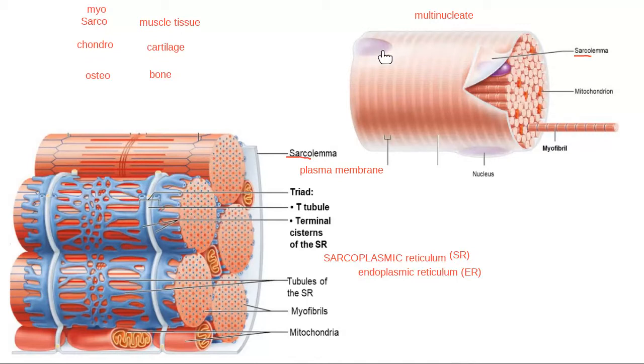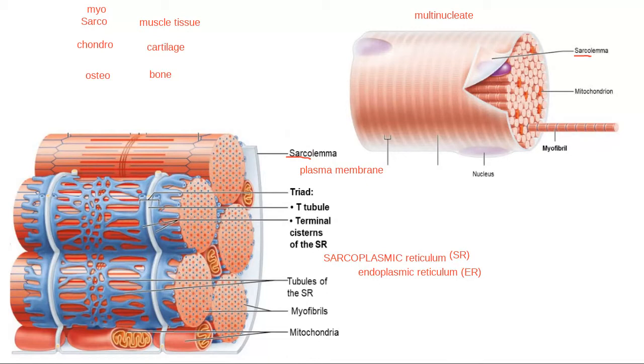Let's see if we can remember from lab. When I talk about this blue part here, the sarcoplasmic reticulum of a muscle cell, what was the function of the sarcoplasmic reticulum? Why is the SR so important for a muscle cell?